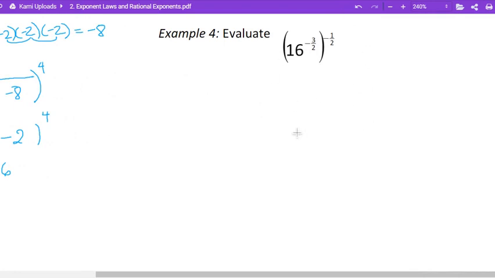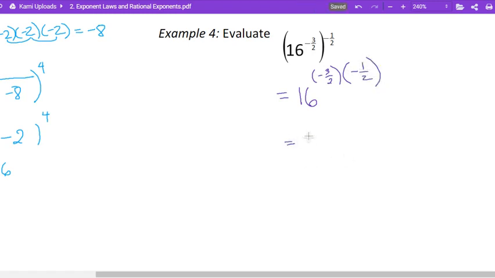Last example. All right, we've got lots of negatives. So we've got some options. Option 1 would be to first clear this negative and write it as a reciprocal, and then to clear that negative. But what if instead we simplified this by multiplying the two exponents using our knowledge of the power rules, right?